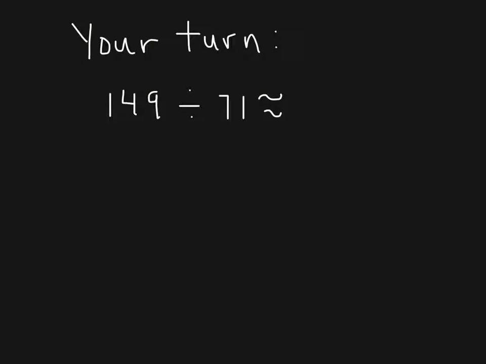Now I'd like you to try one. I want you to remember that you need to round the divisor first to the greatest place, and then use that number. Think of a basic fact. If it was a one-digit number, what basic fact would it be part of? And then you're going to use that information to help you round the dividend.